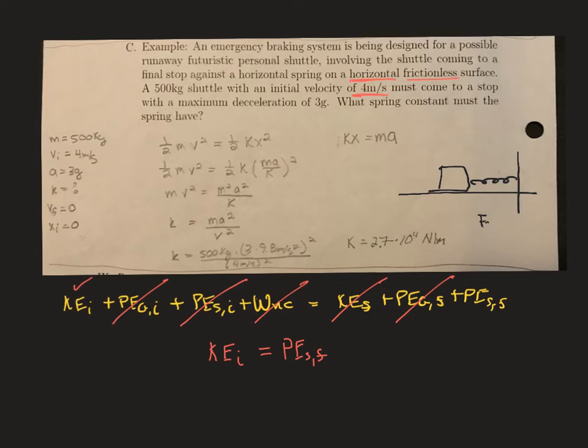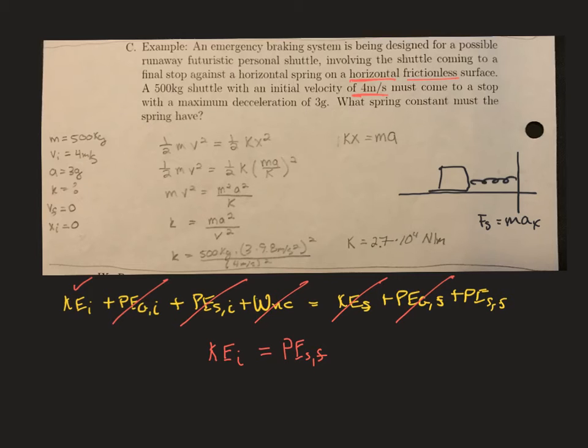So the spring force is the only force acting in the x direction, because we said it was a frictionless surface. And nobody's pushing on the cart. There's no ropes attached to the cart. So all we're worried about is the spring force.